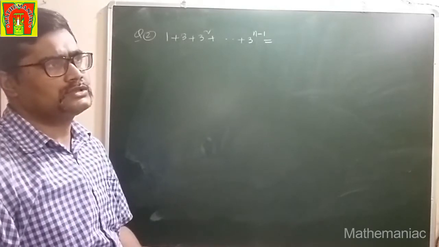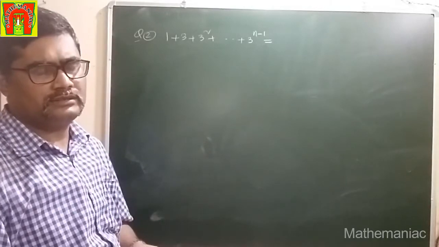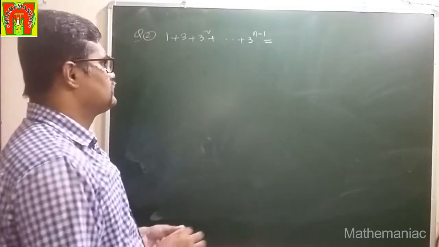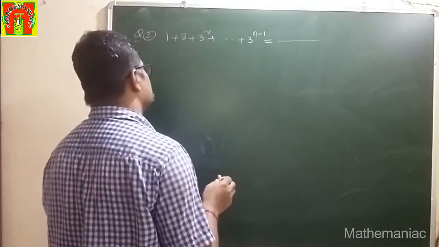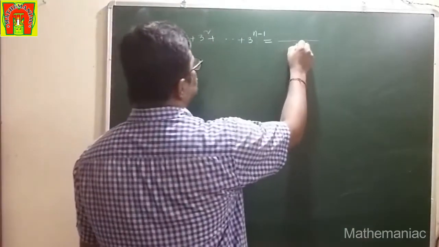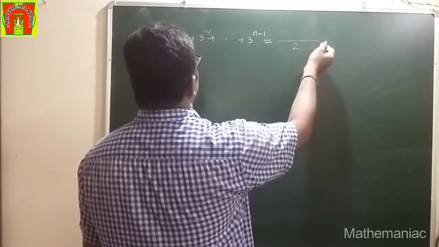Those who studied some other maths, extra maths, they might have got it, but in the CBSE syllabus it was not there at class 10, right? So GP tells you this, this will be 2, right?